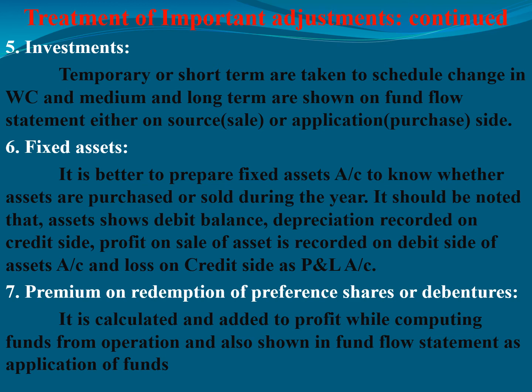So all the assets show a debit balance; you write to balance brought down, previous year balance, by balance carried down, current year balance, by depreciation on that asset, and by P&L account, to P&L account.